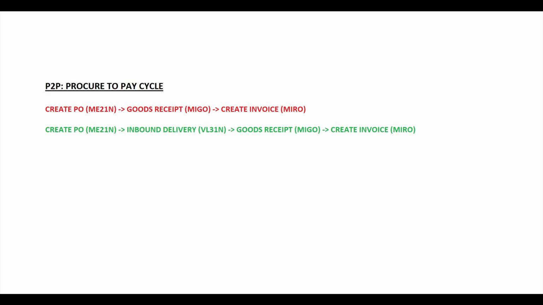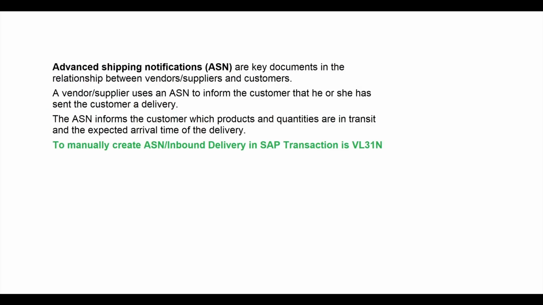I'll show you. So there is a definition of advanced shipping notification. Basically this is a document between the company and the suppliers. The supplier is going to send prior information which is saved in SAP as inbound delivery information.